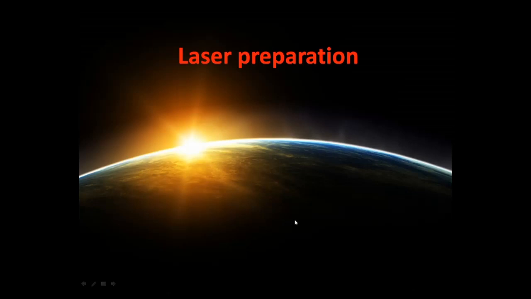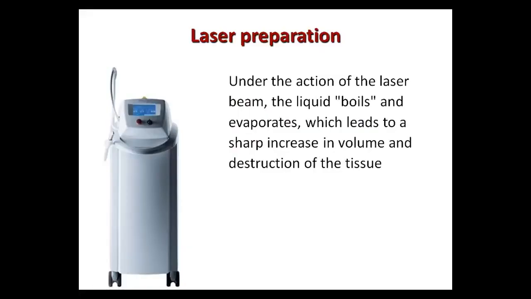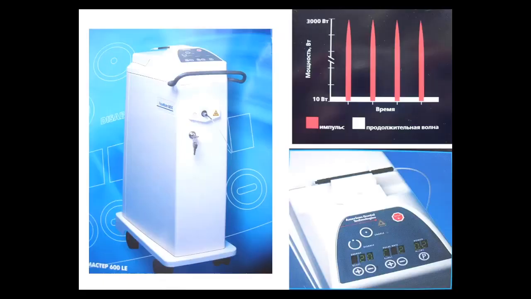Next type of alternative preparation is laser preparation. Mechanism of its action: under the action of the laser beam, the liquid boils and evaporates, which leads to a sharp increase in volume and destruction of the tissue. And an example of equipment for laser preparation.